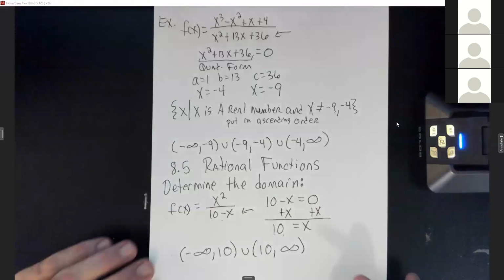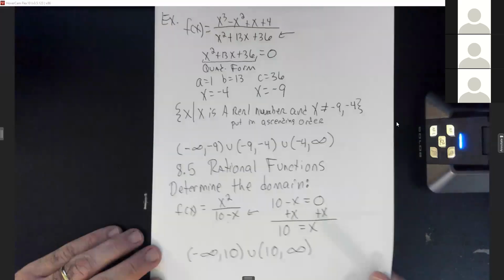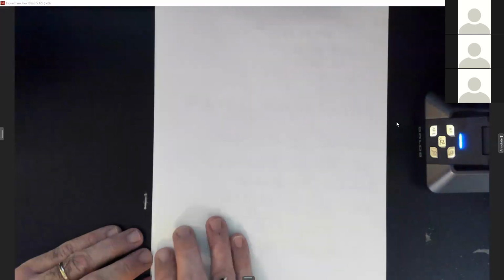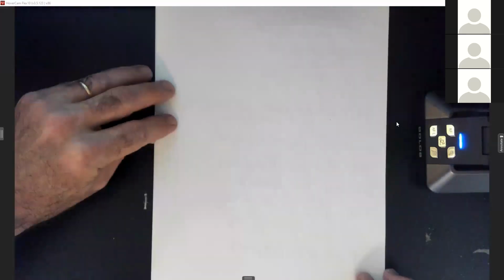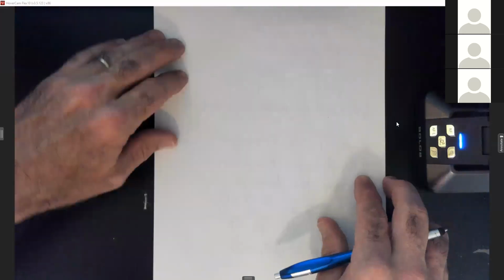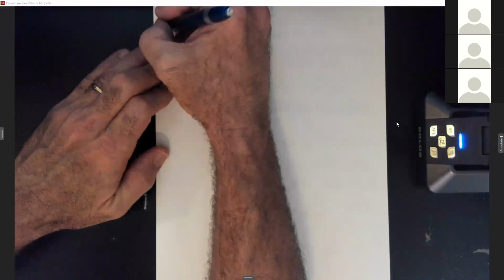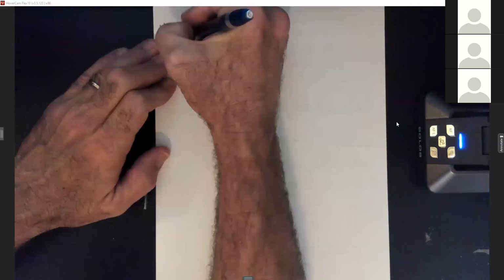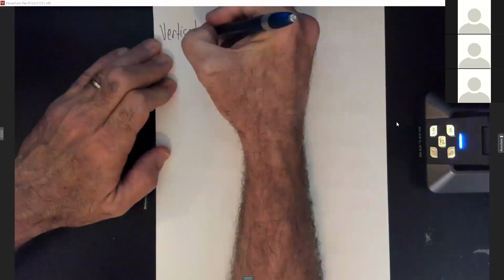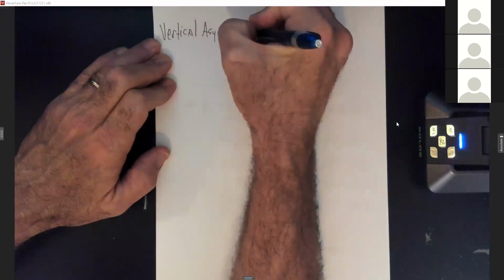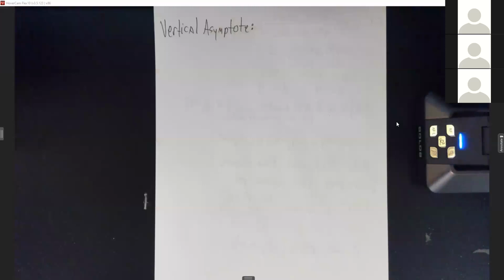All right, y'all, so now some definitions. So I wanted to get these definitions out of the way before we come back on Thursday. So the first word we're looking at is a vertical asymptote. Oh, okay, those are some nice words, right?